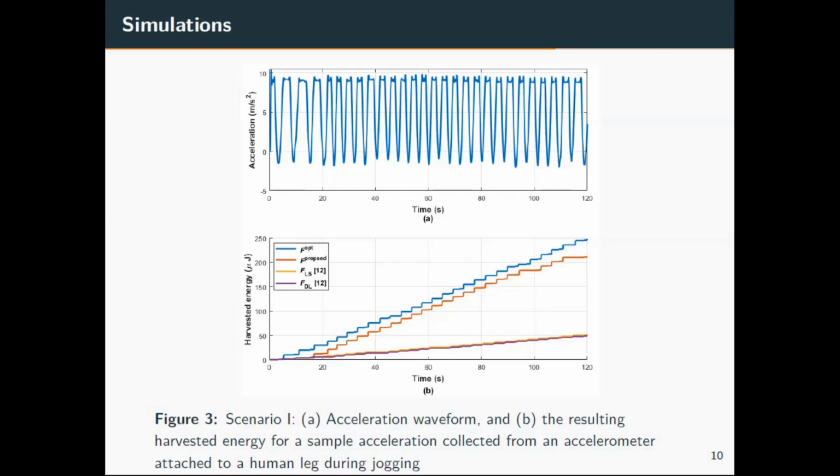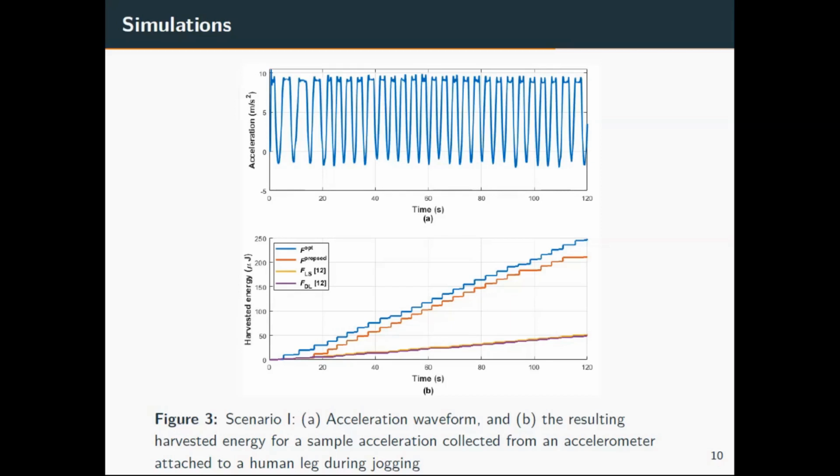After the data is collected, we say, okay, if we have this data from the beginning, what would be the best values for the electrostatic force in each interval? So this is what we do. This is impossible to get in practice because it requires looking at the entire waveform beforehand.